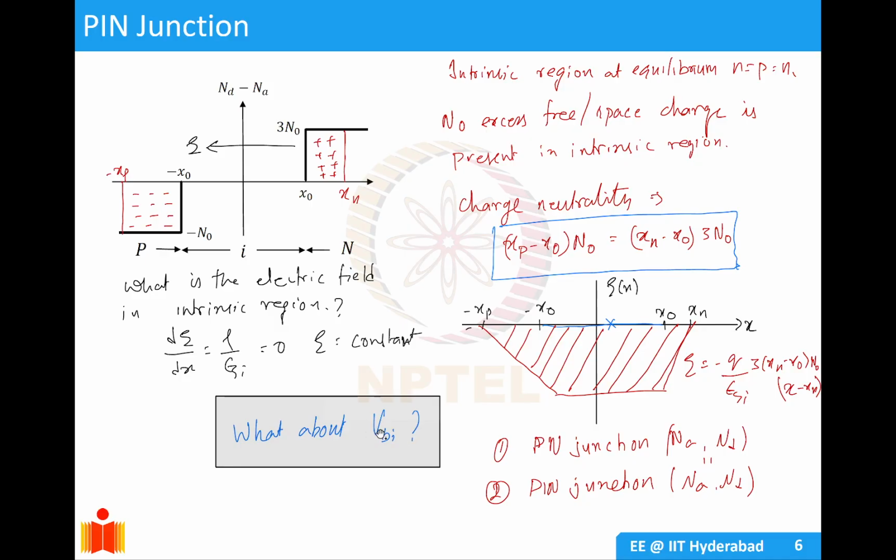So what about built-in potential? We know that the potential is the integration of the electric field.